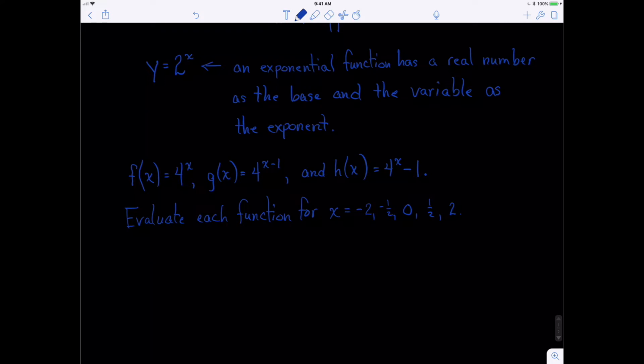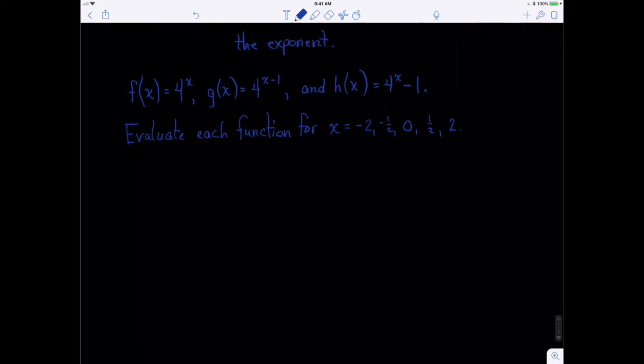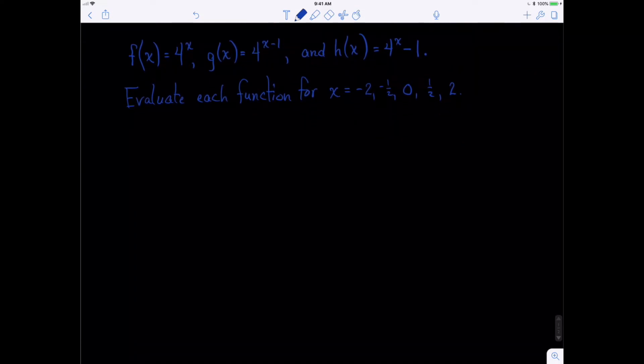So we'll do those 5 values for each function. And we're going to do this because it's going to help us remember a couple of things. These are our memory joggers, and why we're doing all of those.